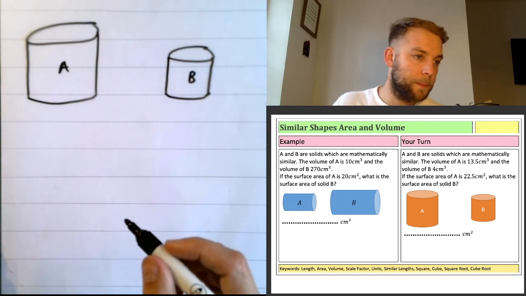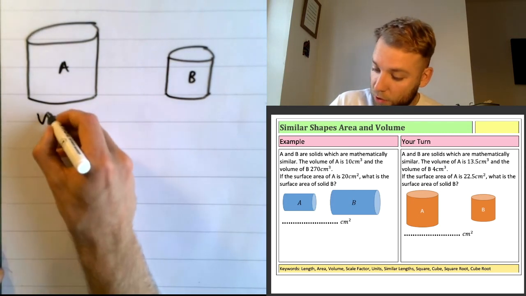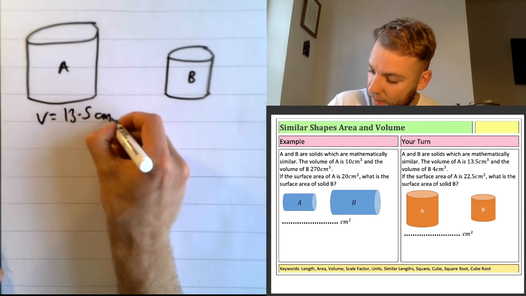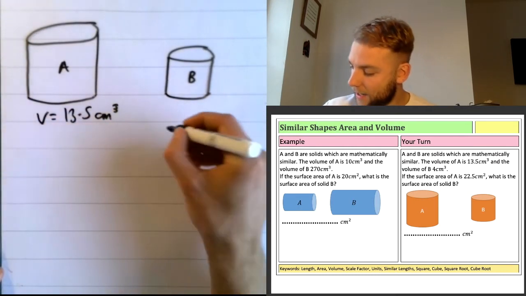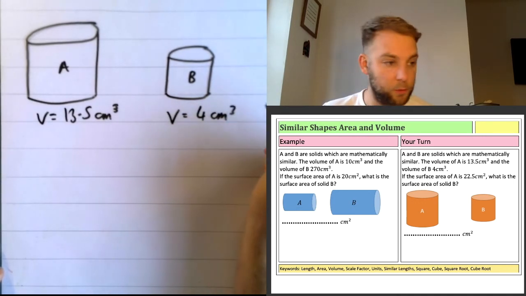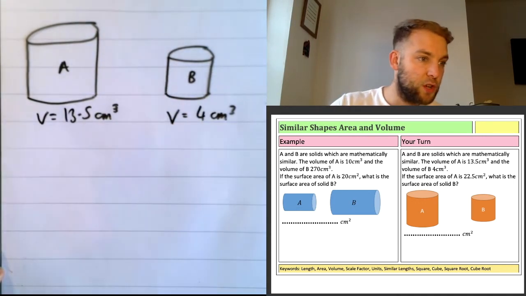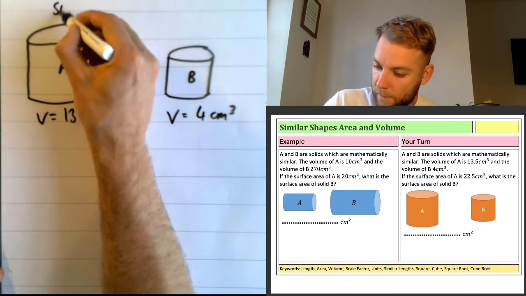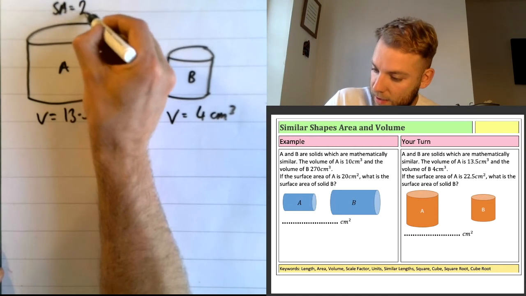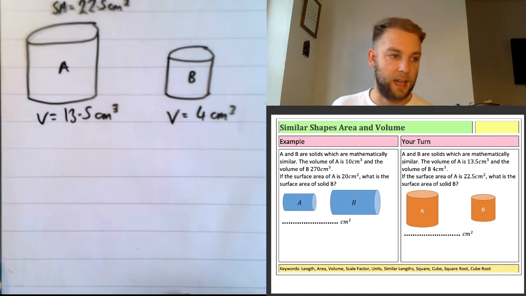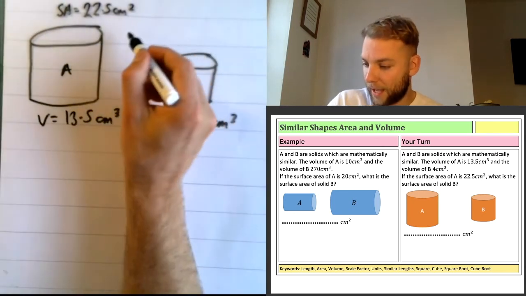So it tells me the volume of A is equal to 13.5 centimeters cubed, and it tells me the volume of B is equal to 4 centimeters cubed. If the surface area of A, so the surface area of this one, is equal to 22.5 centimeters squared, what is the surface area of B, which is small?